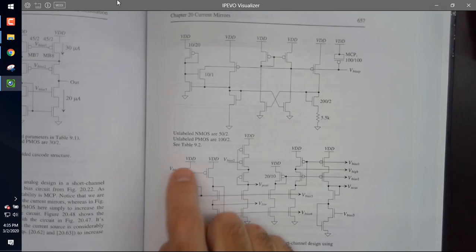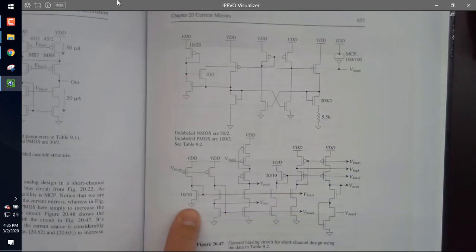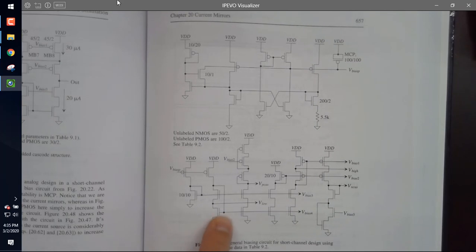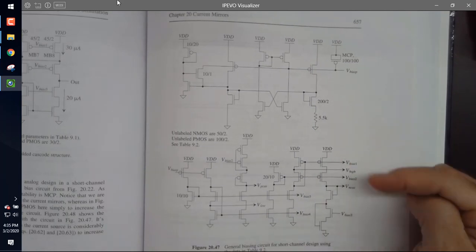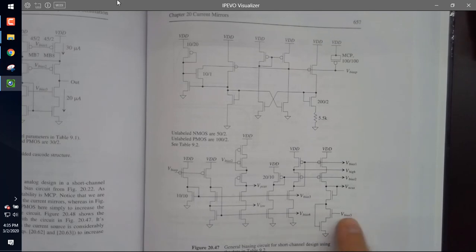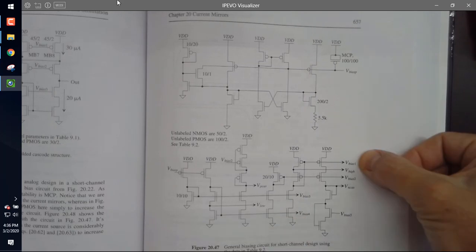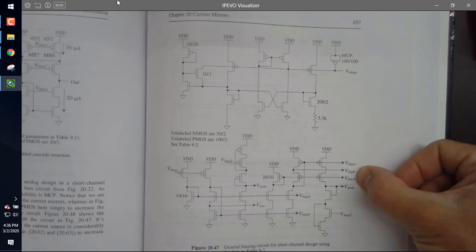They're the current sources that go to my long L device and my bias for V bias 4. So it goes V bias 1, V bias 2, V bias 3 for the NMOS, and V bias 4. The V bias 3 is for the cascode. So for the NMOS cascode, I use V bias 3 and V bias 4. For the PMOS cascode, I use V bias 1 and V bias 2 for wide swing cascodes.